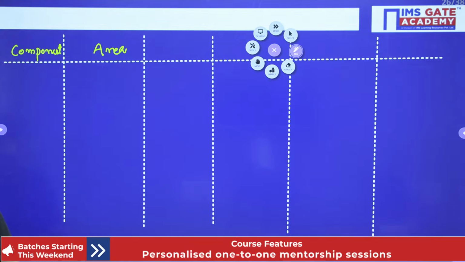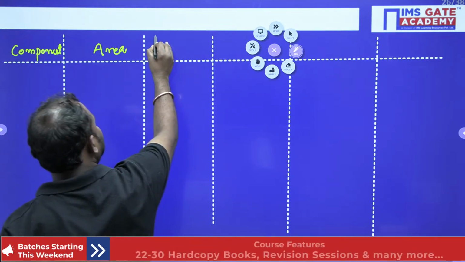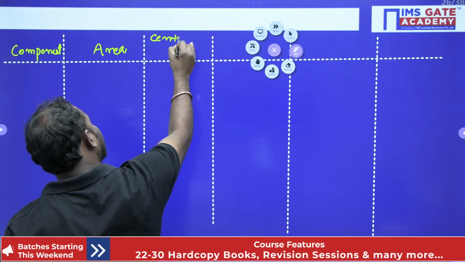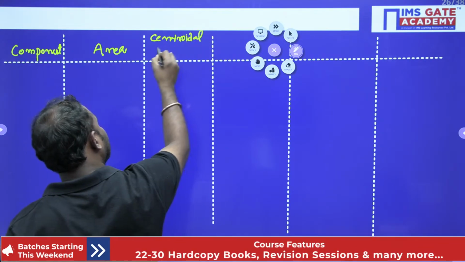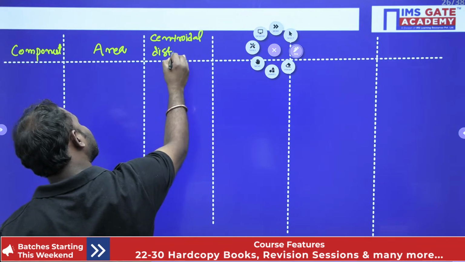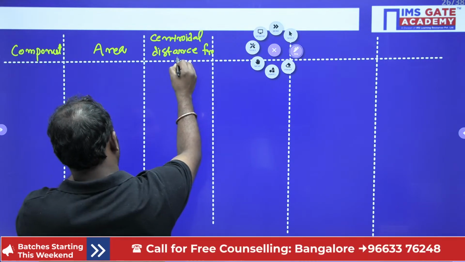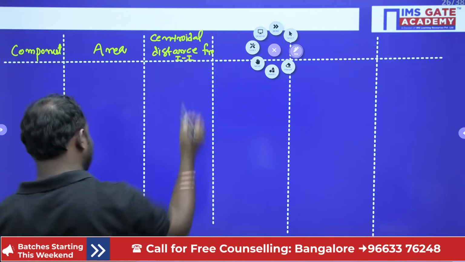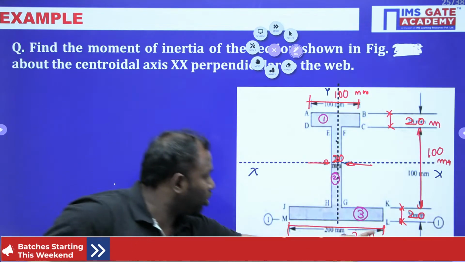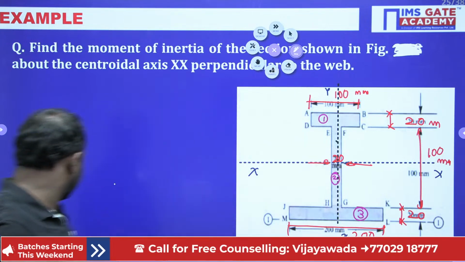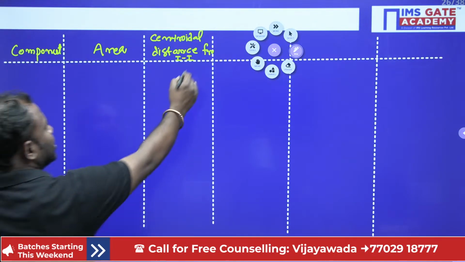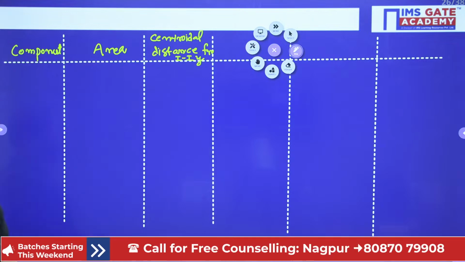Next is centroidal distance from the y axis, from the bottom, what is the centroidal distance y.